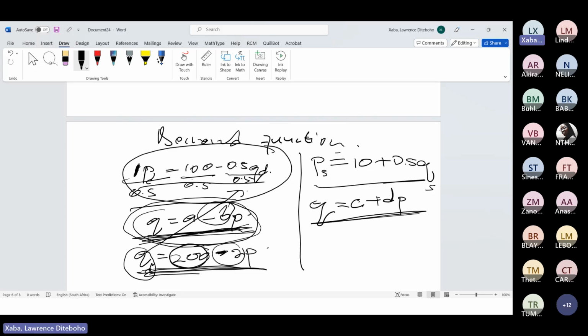So we do the same as we did here. We have to divide throughout by 0.5, because our interest is to get rid of that number. So what do we do now? We divide by 0.5.